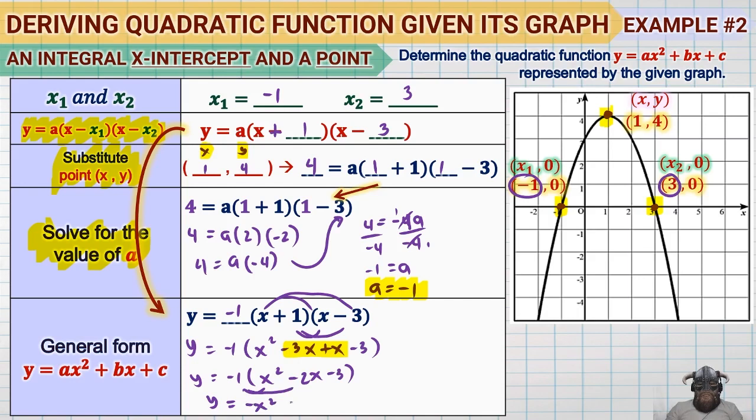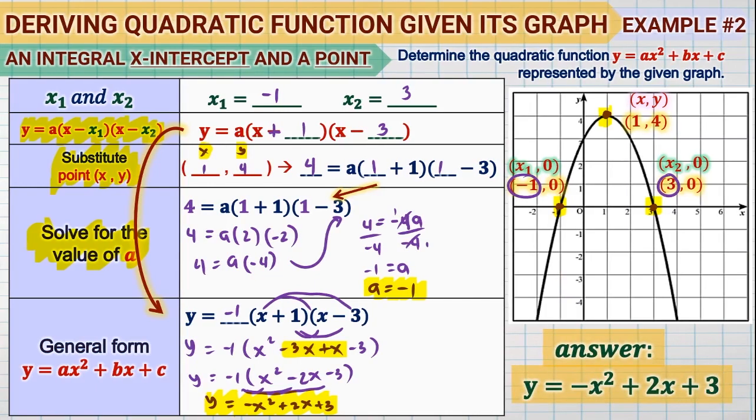Negative 1 times negative 2x. We have positive 2x. So, magiging plus 2x na siya. Negative 1 times negative 3, magiging positive 3 na siya. So, plus 3 na to. And our equation will now be y is equal to negative x squared plus 2x plus 3. So, yan siya. Y is equal to negative x squared plus 2x plus 3.